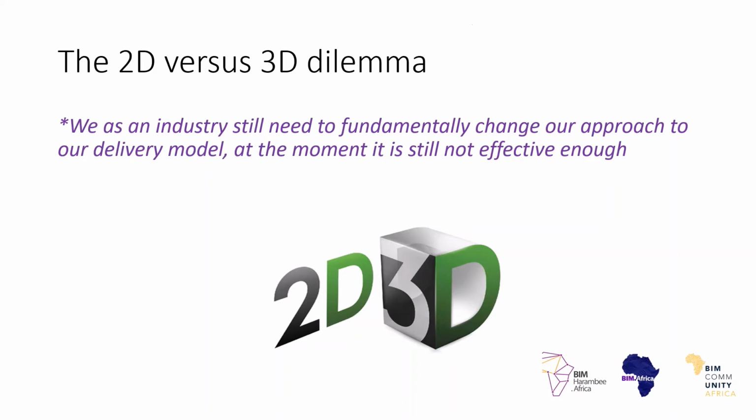Whereas I think we need to shift the way that we approach our 3D models and review process with our clients. So we produce a 3D model to capture the ideas of the client, or at least the expectations of the client.